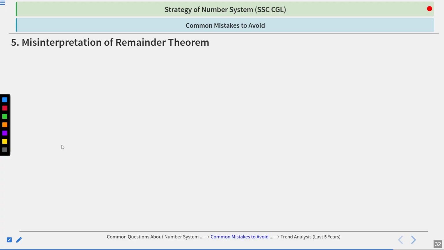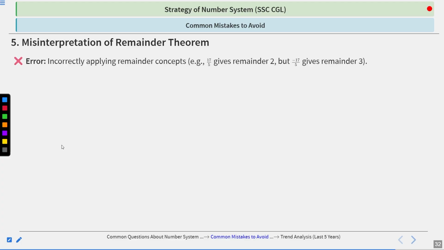Next one is misinterpretation of the remainder theorem. So the error is incorrectly applying the remainder concept. For example, 17 by 5 gives the remainder 2, but minus 17 by 5 gives the remainder 3. You need to understand that. Now see the solution. The remainder is always non-negative and less than the divisor.